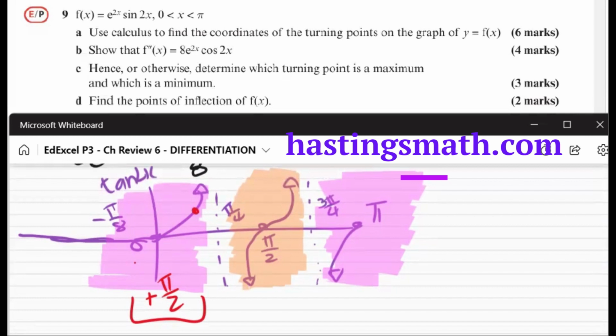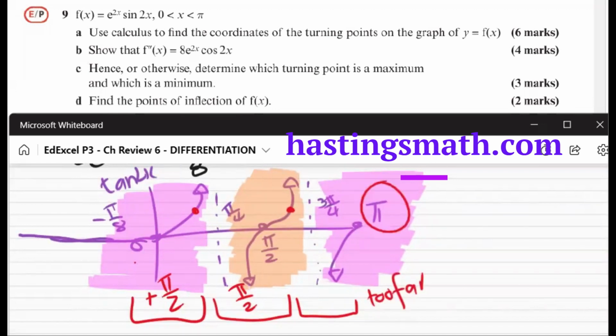We plus pi over 2 again. It's going to hit the graph somewhere over there. And we plus pi over 2 again, and that is going to be afterwards. So it's too far. This we don't need. It goes past our limit of pi.